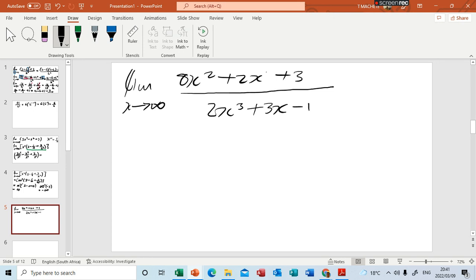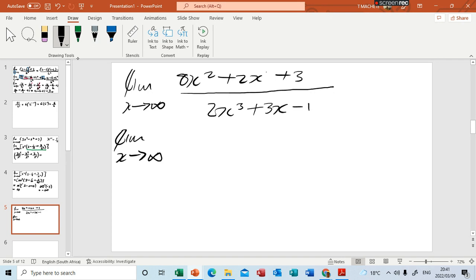You compare the bottom one and the top one. Your highest power overall is this one, right? Highest power.